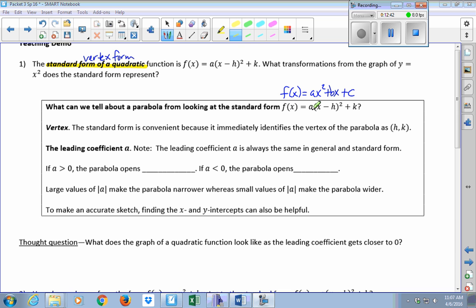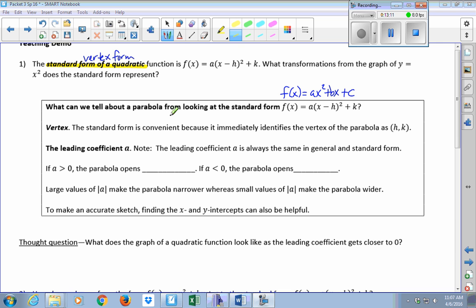So what that tells you is, if you know the leading coefficient in either one of these forms, if I gave you a quadratic equation in this form and you can identify a, guess what? That's the same a right here. The value of a is the same in both of these forms. So you can easily move from a polynomial to here by substituting the same value of a. We'll have a chance to do that in a minute.